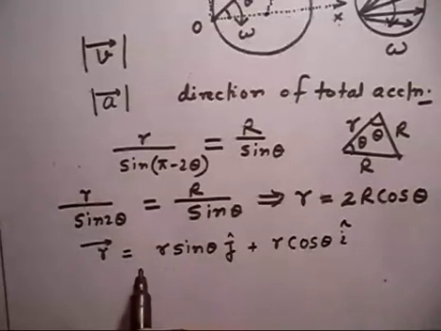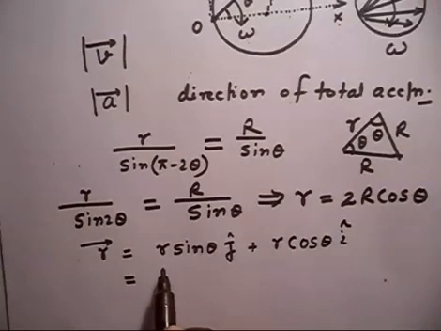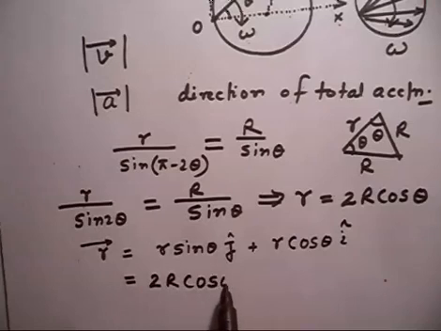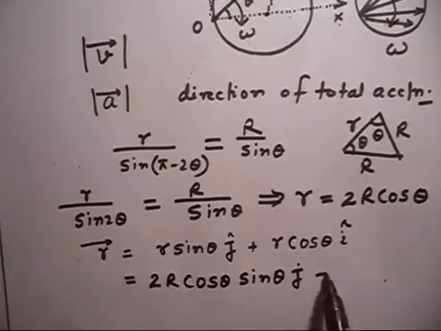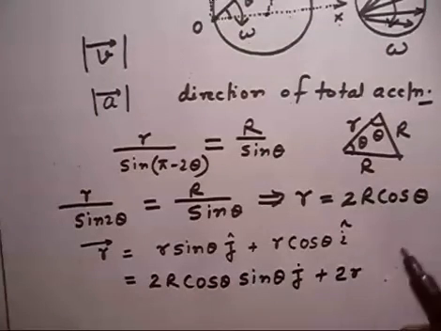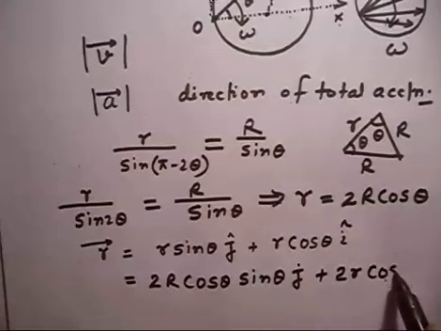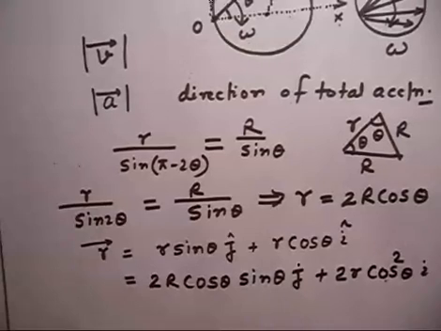Now r is nothing but 2R cos theta, because this r is also varying, it is not constant. So 2R cos theta sin theta j plus 2R cos theta cos theta, so this becomes cos squared theta i.